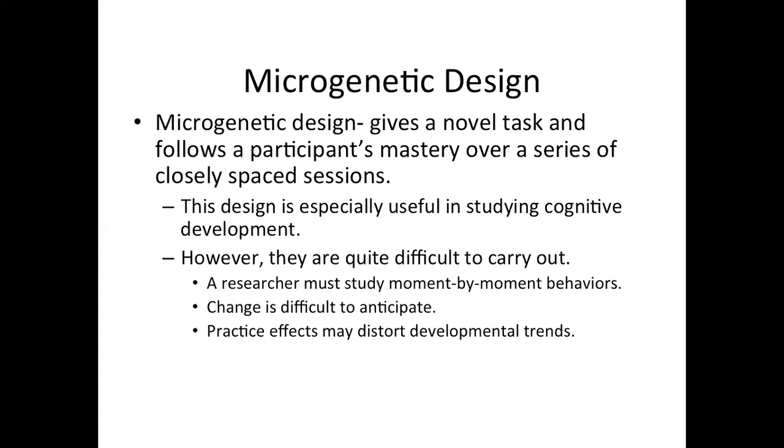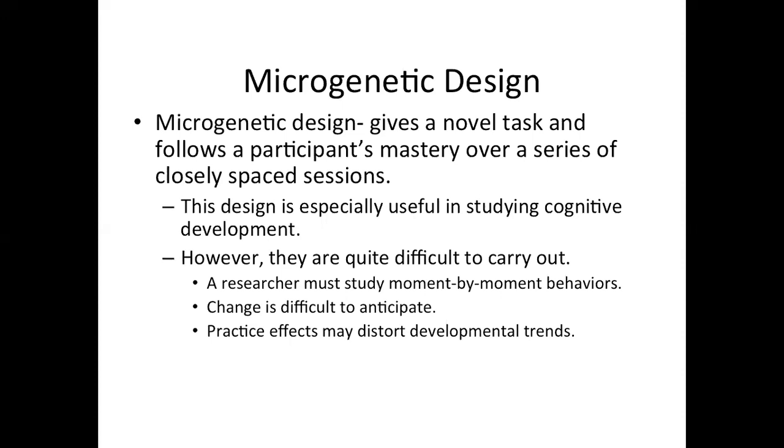Okay. We still have problems because we don't know when that change is going to take place. We also have the shorter the distance between two data collections, the more of a practice effect you're going to have. And it is still hard to capture moment-to-moment behaviors. You're going to collect data at shorter intervals, but it is very rare to collect data 24/7.